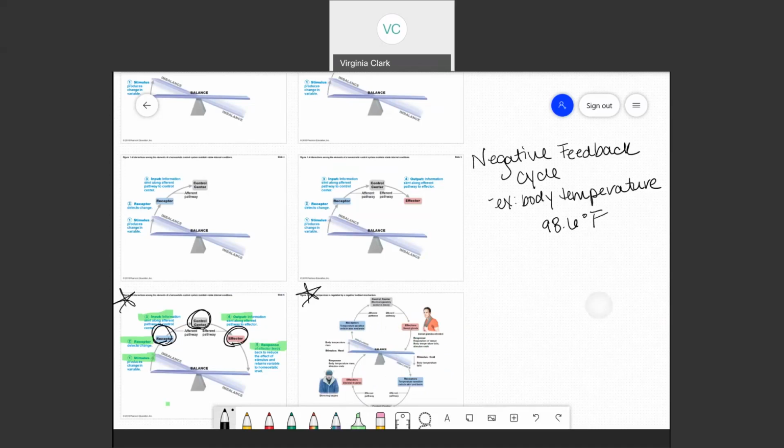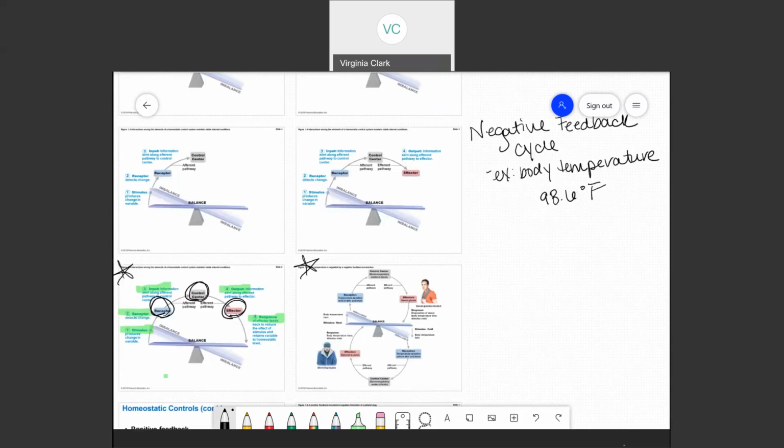So with a negative feedback cycle, the first thing we're going to have is our receptor. I'm going to draw it in a different way. So we're still going to have our receptor that is still going to feed our control center, and that is still going to feed our effector.